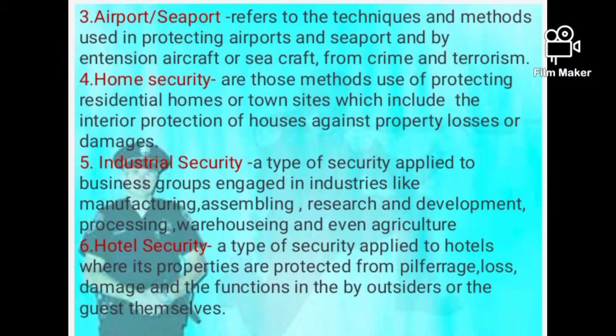Number 3. Airport and seaport security refers to the techniques and methods used in protecting airports and seaports and, by extension, aircraft or seacraft from crime and terrorism. Number 4. Home security are those methods used for protecting residential homes or townsites, which include the interior protection of houses against property losses or damage.